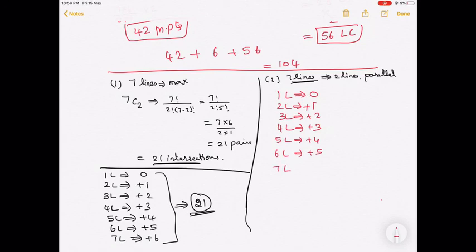Now the 7th line that I am going to bring in, if it is parallel to the 6th line, can only intersect with the first 5 lines, so it will only have 5 intersection points. It will not have a meeting point with the 6th line. Therefore, instead of bringing in 6 meeting points, the 7th line will only bring in 5. So totally in this case, there will be only 20 meeting points as opposed to 21.